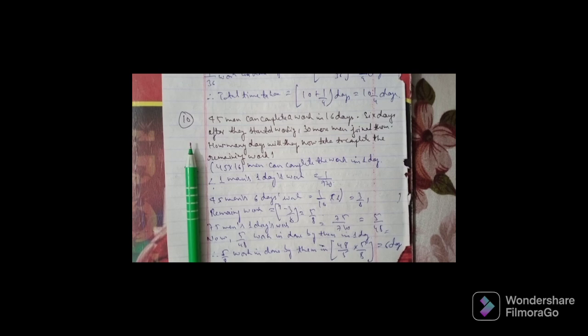We had done your reasoning, verbal and non-verbal, along with English vocabulary. Coming towards quantitative aptitude, we have started with section 1, which is your arithmetical ability.